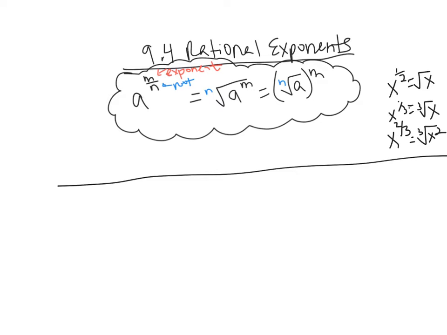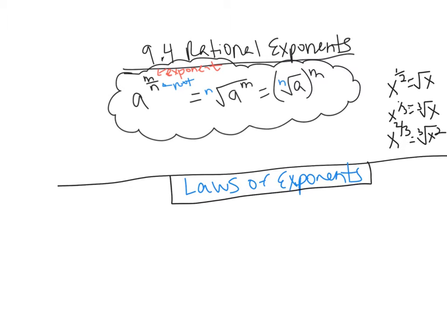Now, with exponents, we have different properties or laws of exponents that we follow. So let's refresh your memory on some laws of exponents. What are some general rules that we can follow regarding an exponent?